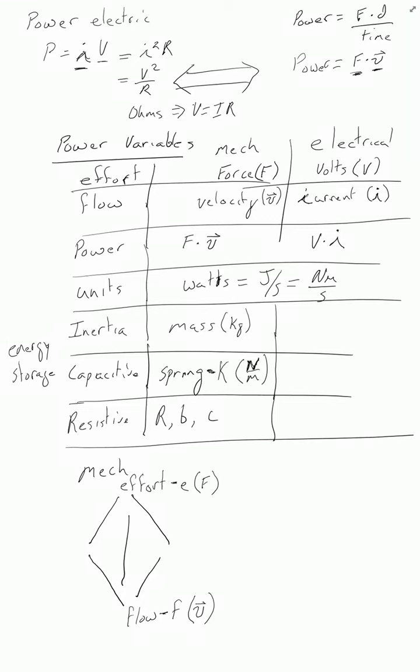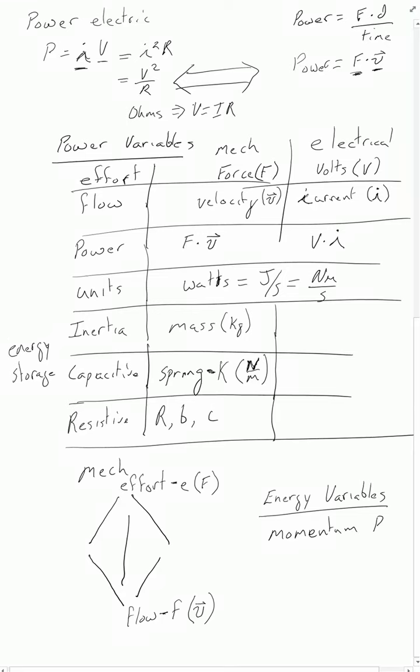The two other things we're going to talk about are our energy variables. The energy stored in a mechanical system can be described by the momentum of the system, P, and the charge or displacement on a spring.